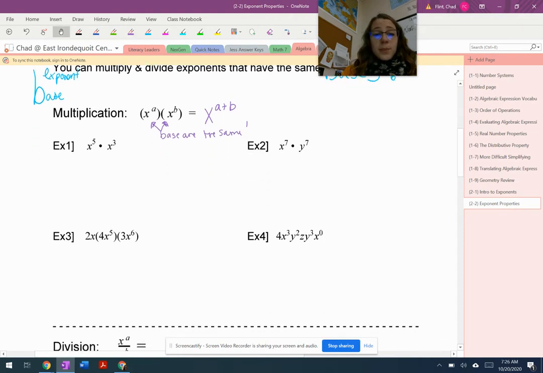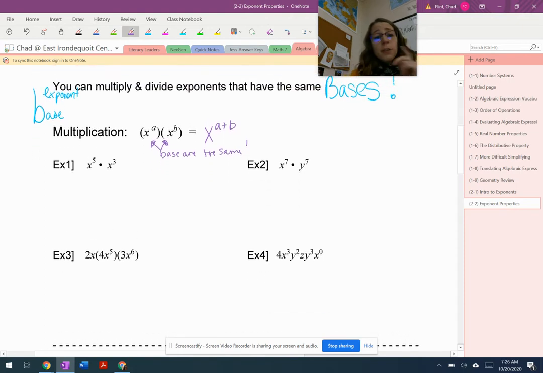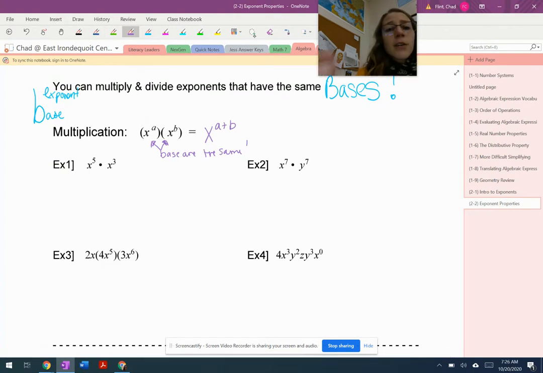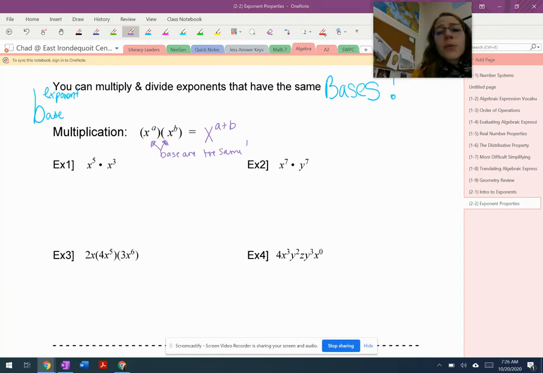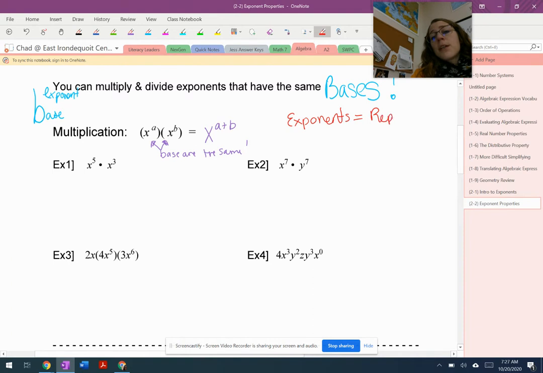Let's look at some examples. In the first one, we have x to the 5th times x to the 3rd. And now remember, if you're ever in doubt or you're ever unsure about something, you can always go back to the fact that exponents represent repeated multiplication.